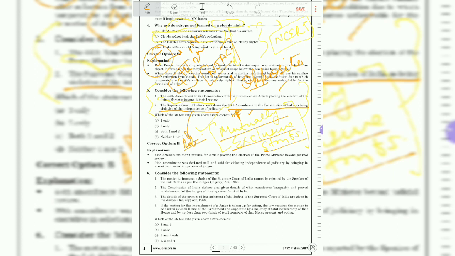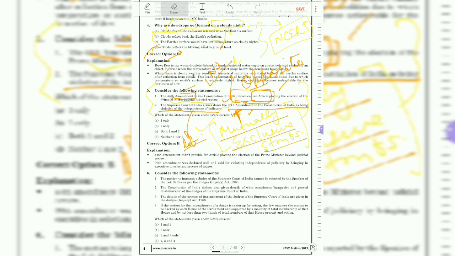Now coming to the first, the 44th amendment, obviously it's again a very famous amendment. After the Kesavananda Bharati case and the 42nd amendment, the 44th amendment came. Here the 44th amendment to the Constitution of India introduced an article placing the election of the Prime Minister beyond judicial review. From here again you are able to eliminate this, right?